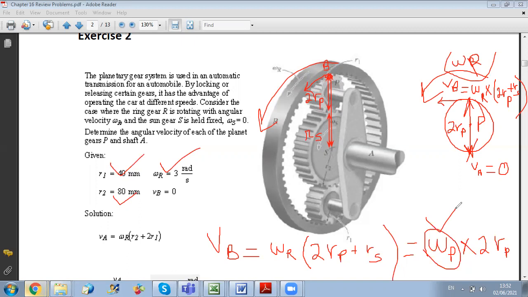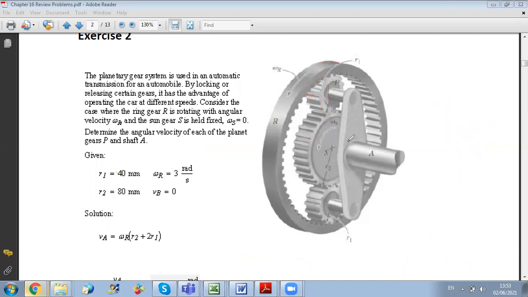They asked not only for the angular velocity of P, but also for the angular velocity of the shaft A. Who can tell me, looking at the figure, how can I get the angular velocity of the shaft? I need omega of shaft A. First, what is the shaft doing? Which type of motion? The shaft is rotating about a fixed axis, right? This is its axis. To get omega A, I should try to find at least the velocity of one point of the shaft.